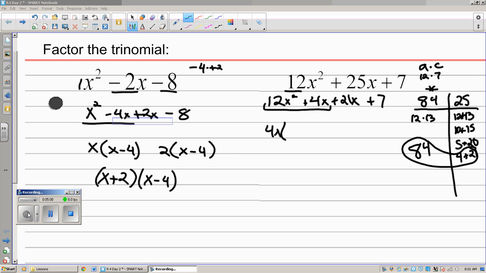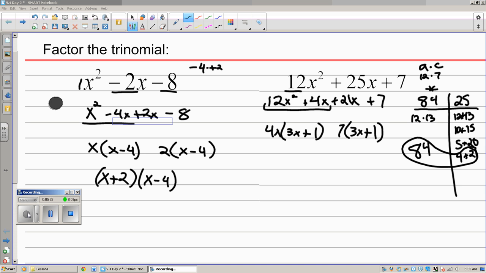And that leaves me with 3x plus 1. And then here I can factor out a 7, and that leaves me with a 3x plus 1. Couldn't factor out a 3 there, I was thinking ahead of myself.